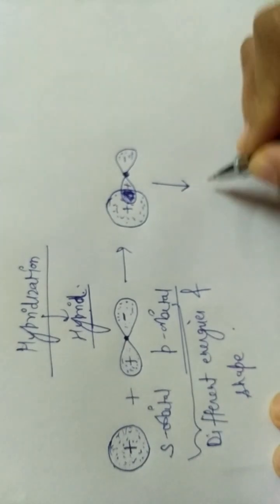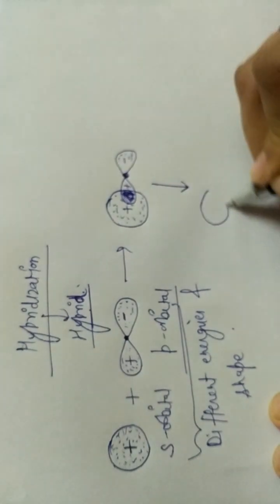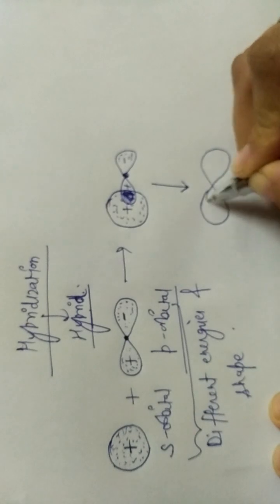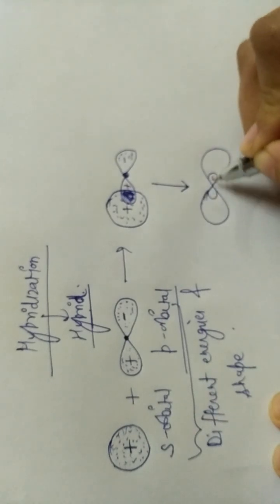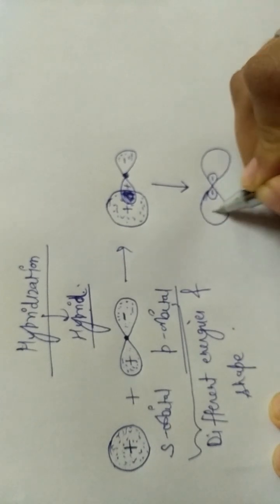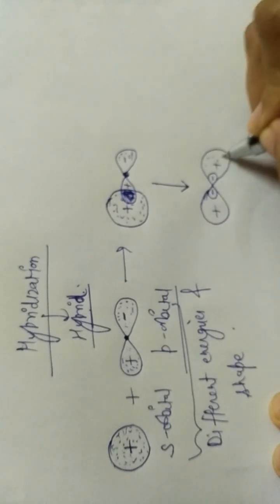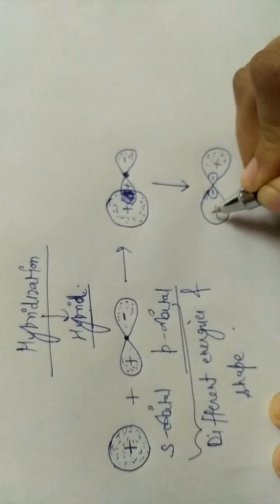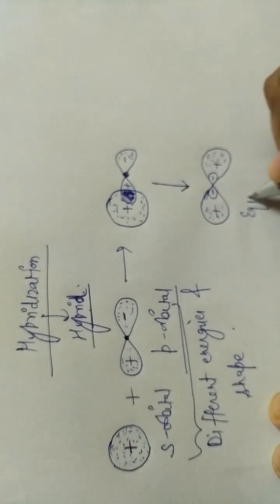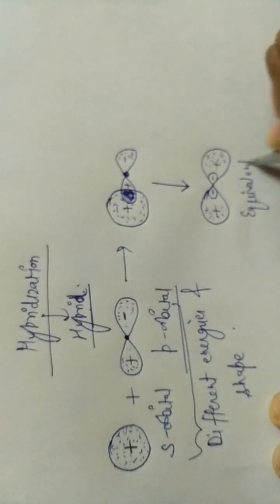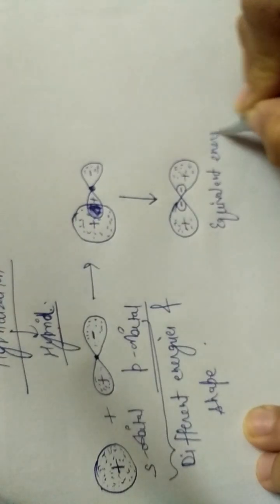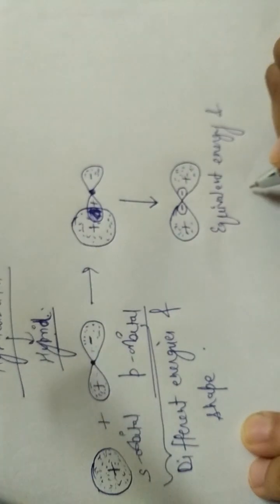After overlapping, it results in the formation of an orbital having equivalent energy and shape. Now this orbital, which is formed by overlapping of these two orbitals, has equivalent energy and shape.